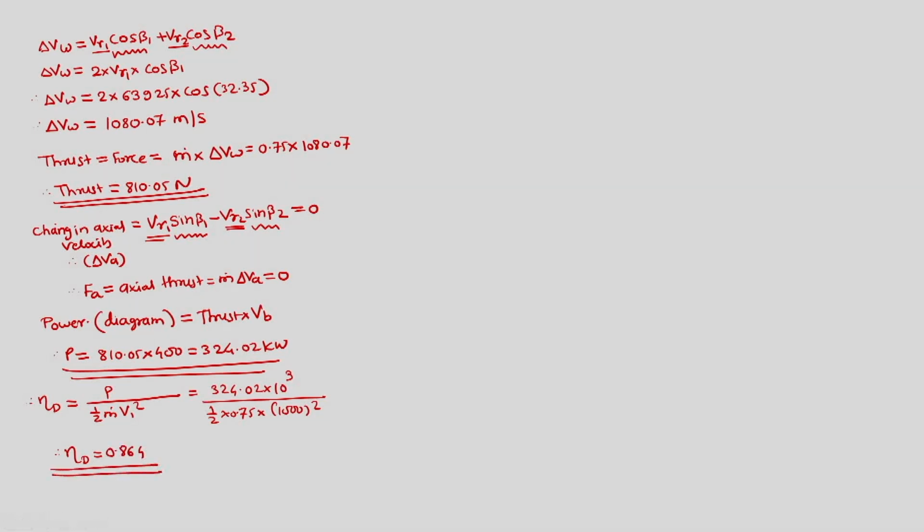Now we can move ahead for the second part of the same example, where we are told that the friction factor is 0.8. So VR2 upon VR1 is equal to 0.8, so VR2 is equal to VR1 into 0.8.